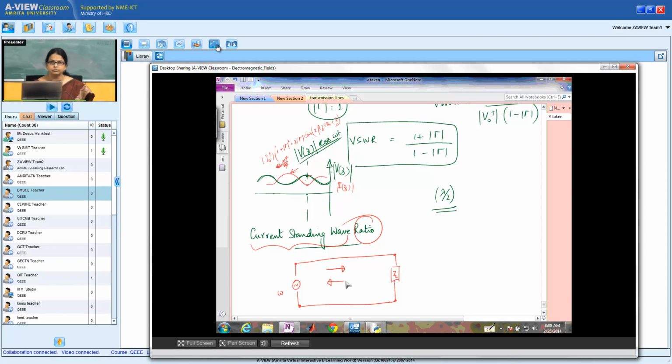The amplitude of the reverse propagating wave is decided by the characteristic impedance of the line and the load that you are connecting. And both of them are co-propagating in the system.